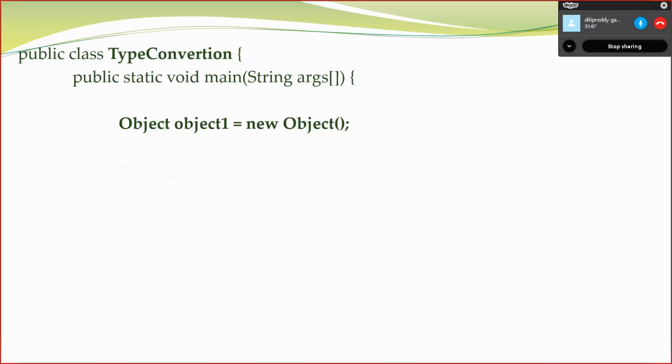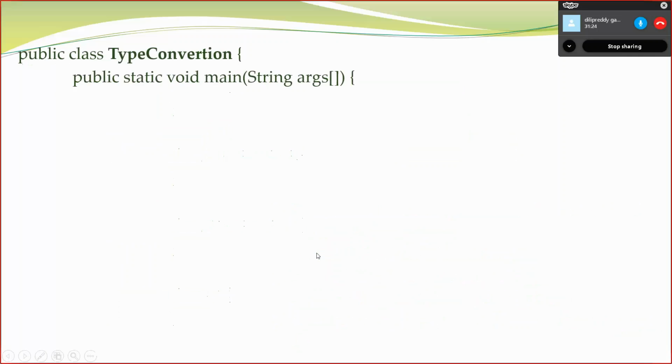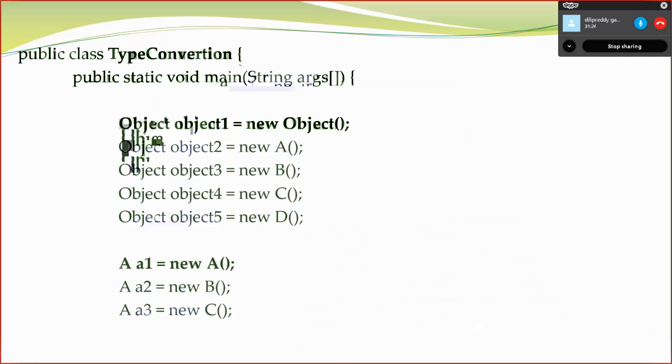Now I create an object for B. See, I cannot do this. So I can do that one. A C object can be assigned to B. You understand this point?